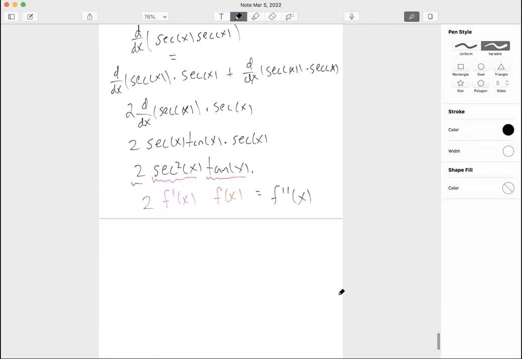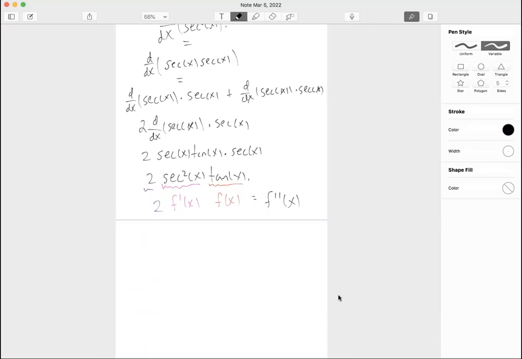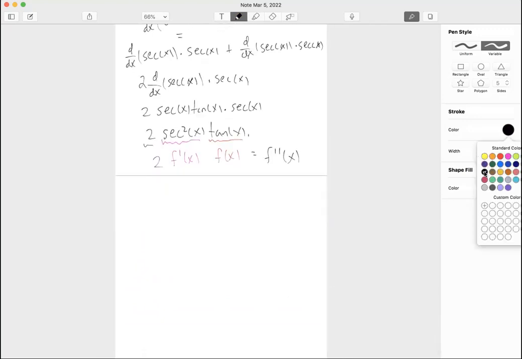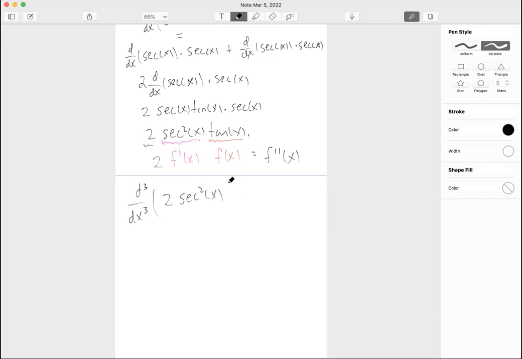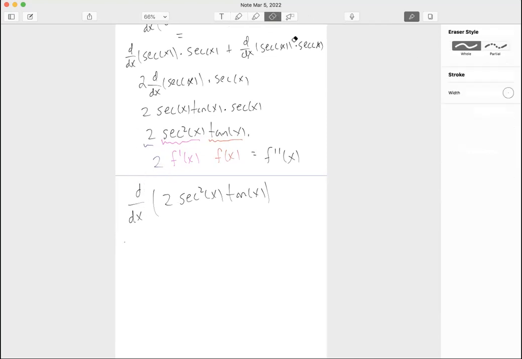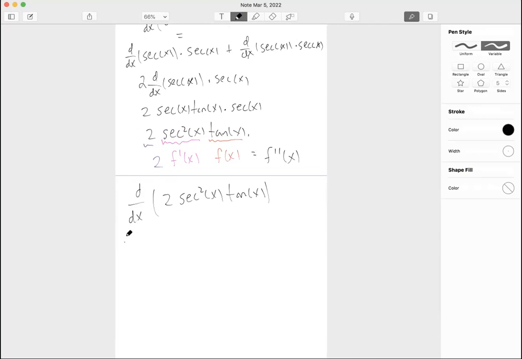But maybe let's even take a third derivative and see what happens. So 2 secant squared times tangent. We can take our 2 out by the constant rule and only look at secant squared times tangent.